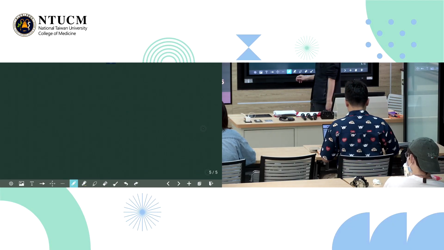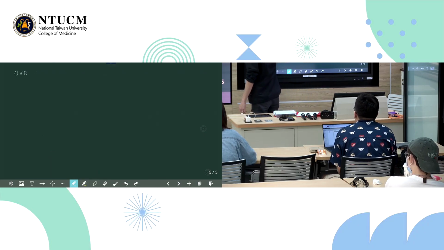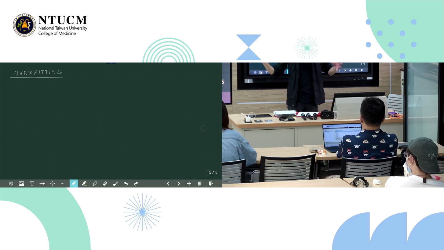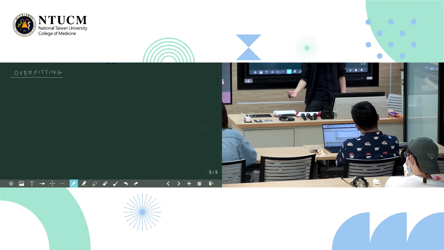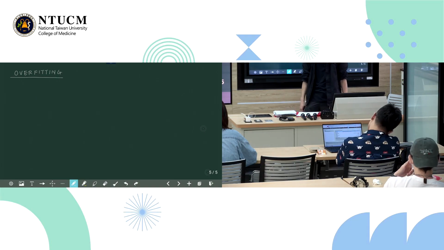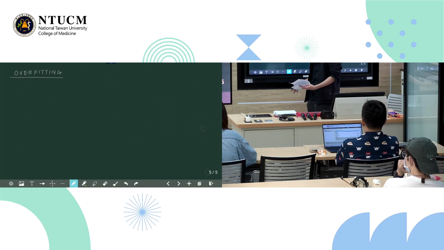Let's deal with the last thing for today and the last thing for the whole class, which is the problem of overfitting. As we said, this is not just specific to neural networks or artificial intelligence. It is a general problem for all machine learning and statistics. What is overfitting? Overfitting works like this. Agarwal has a great example.